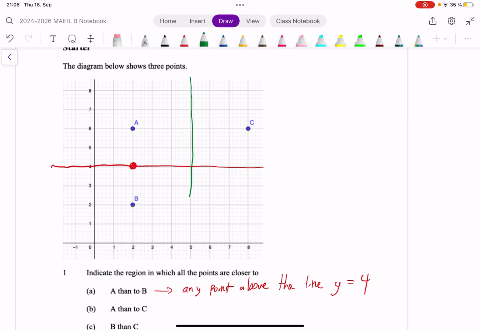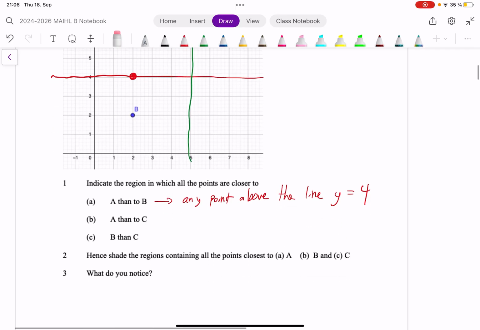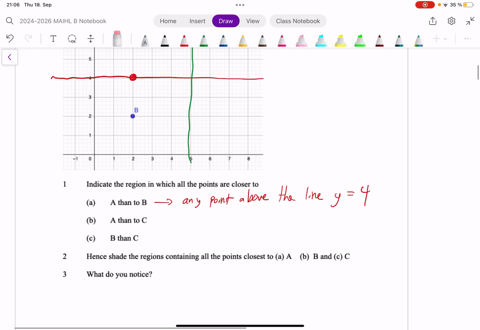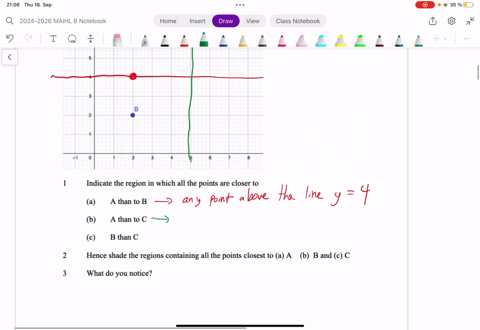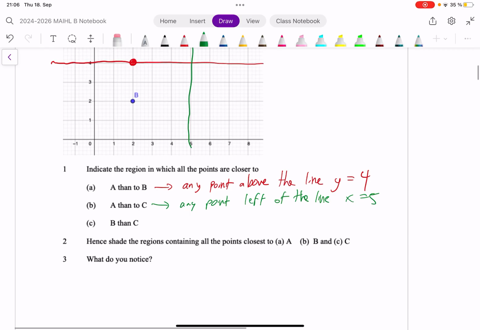So at 5, anything to the right of this line is closer to C, anything to the left is closer to A. So the region closer to A than C is any point left of the line x equals 5, right? Vertical lines are x equals, horizontal lines are y equals.